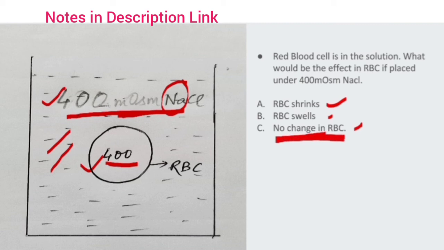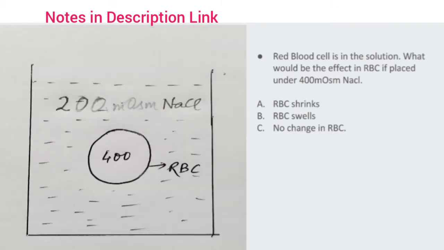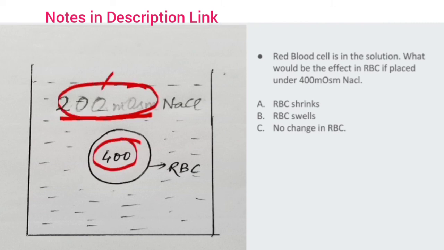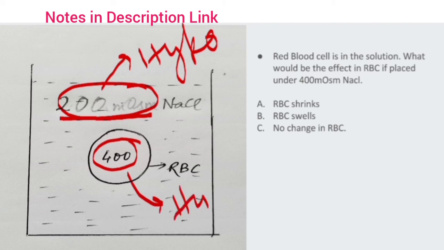Let's discuss the other question. This question is the same, just the osmolarity of NaCl is changed. The osmolarity of the NaCl is 200 milliosmol and the RBC is 400. So this is the hypotonic medium and this is the hypertonic medium. Where will water move?